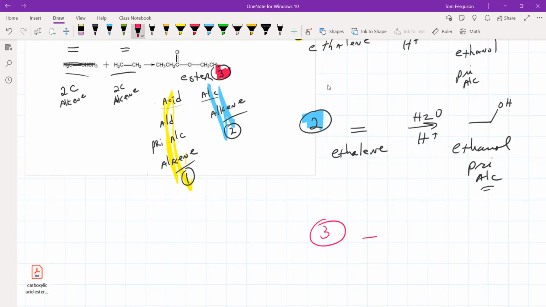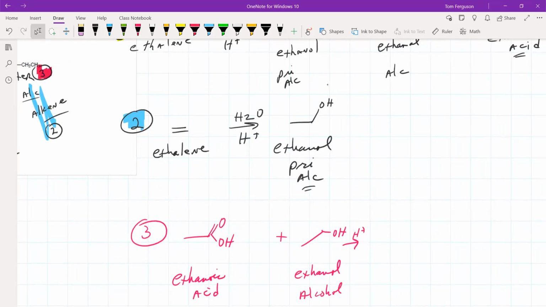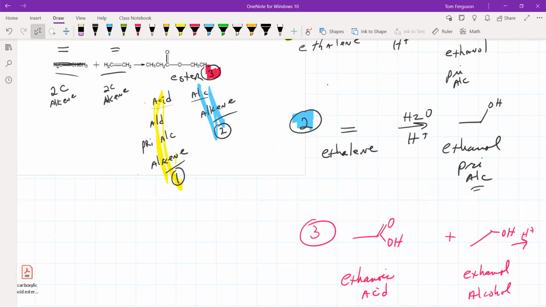We're going to take our alcohol that we made, plus our acid, and that'll give us our ester.